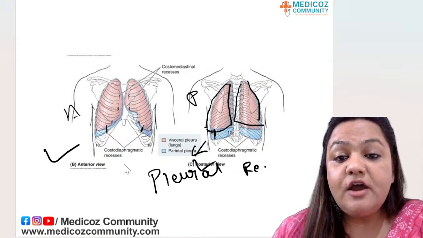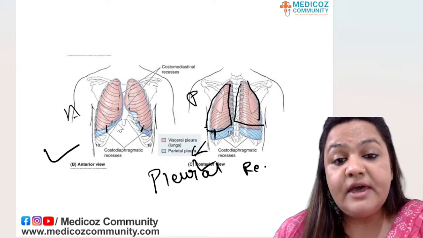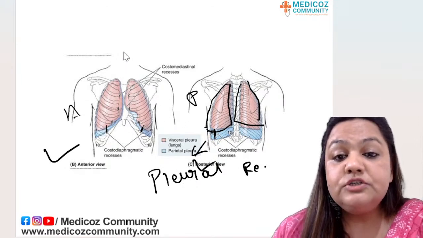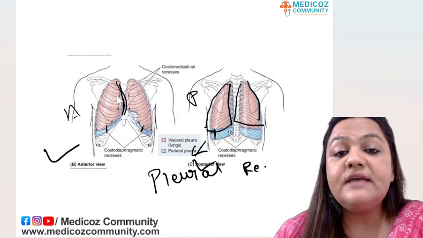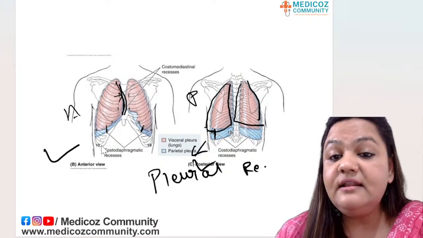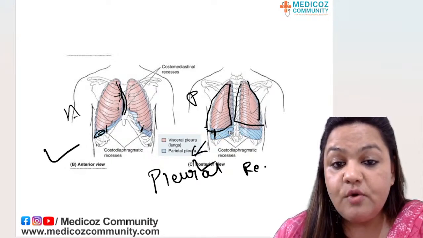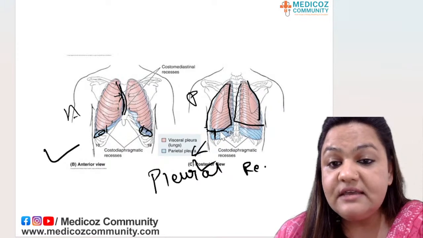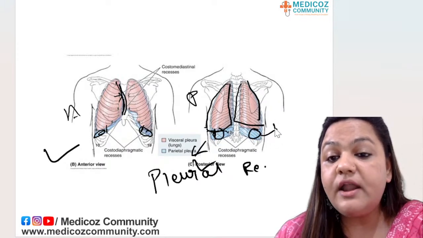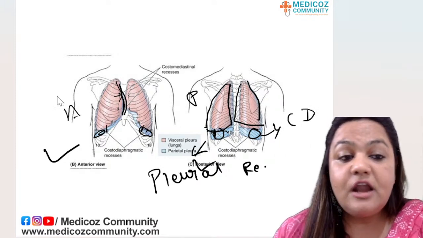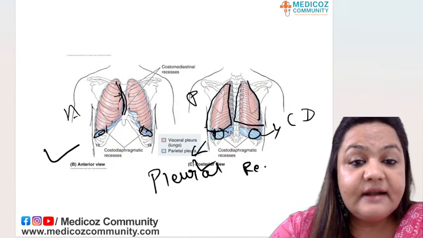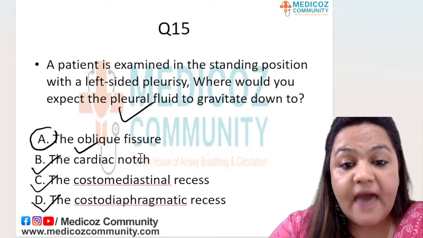Then we need to find out which recess is where that pleural fluid will go. So in a standing position, you can see this very little space, it is called the costomediastinal recess. At the lower border of the lung, you can see this area, it is called the costodiaphragmatic recess.